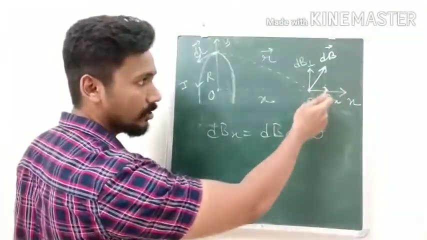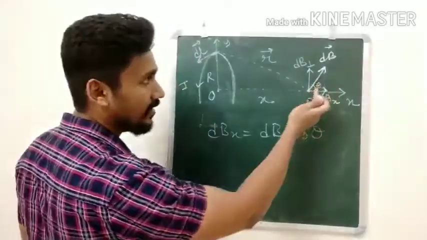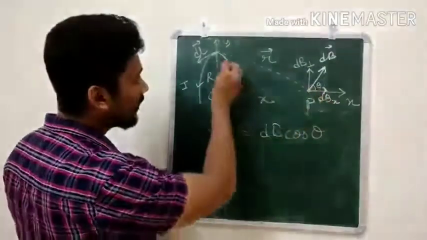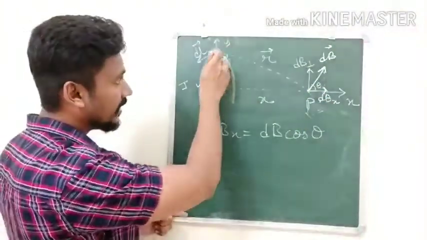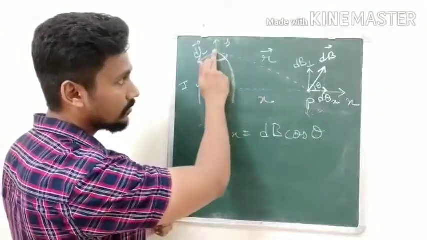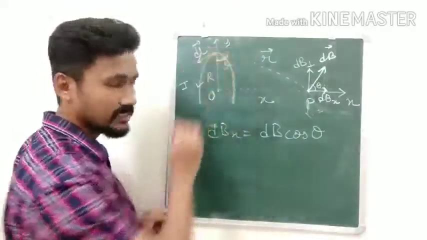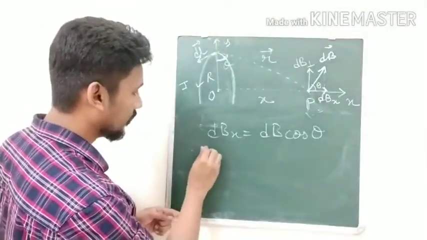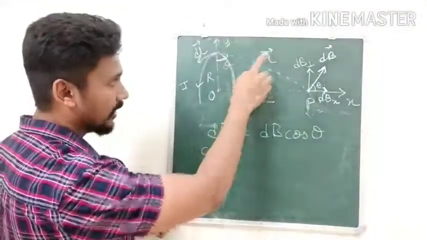The element along the x-axis. So this is theta for us. Theta is the angle made by dB with the x-axis. Because this is theta, this angle over here, that this radius is making with this line going from dl to P, this angle also becomes theta. So we can write therefore cos theta is equal to adjacent upon hypotenuse.